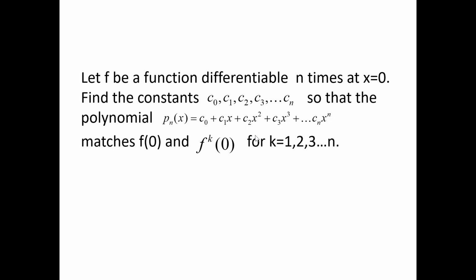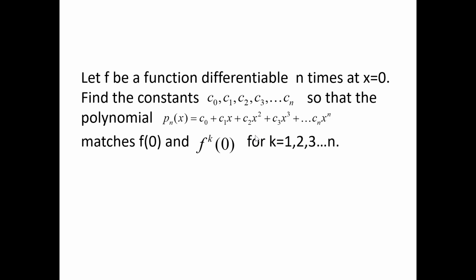Let f be a function differentiable n times at x equals 0. Find the constants C0, C1, C2, C3, all the way to Cn, so that the polynomial Pn of x, which is C0 plus C1 x plus C2 x squared plus C3 x cubed plus dot dot dot Cn times x to the n, matches f of 0 and f, the kth derivative evaluated at 0 for k equal to 1, 2, 3, 4 all the way to n.